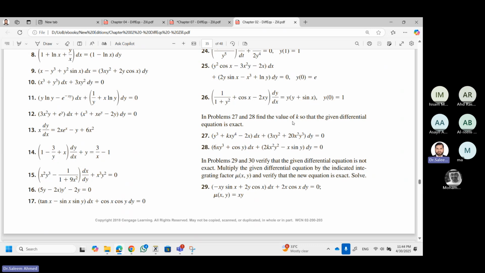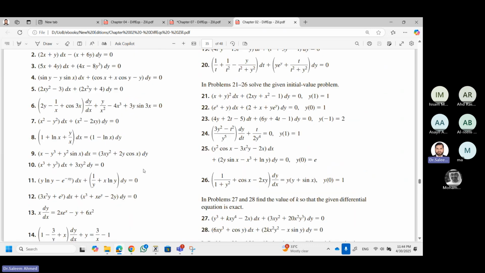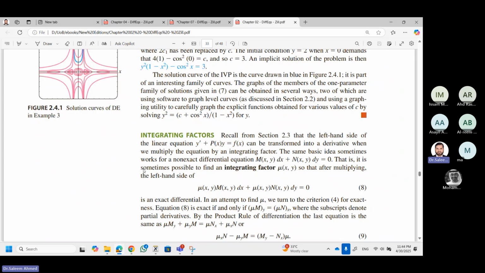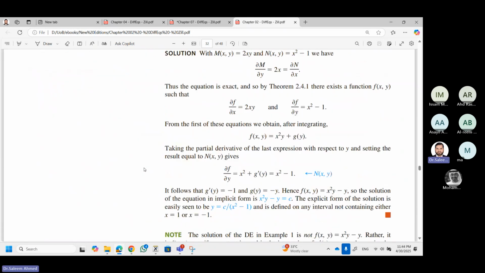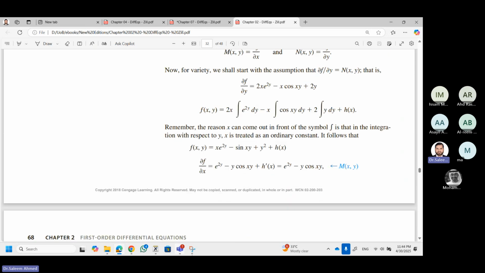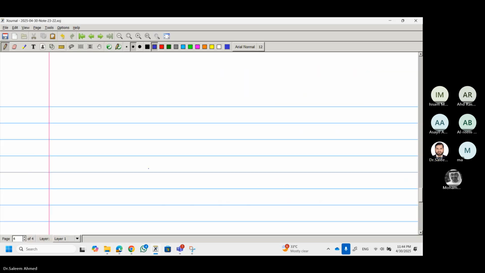For example, if I do a simple one, second degree equation. Right? So here you can see that the thing with dx is m and the thing with dy is n.